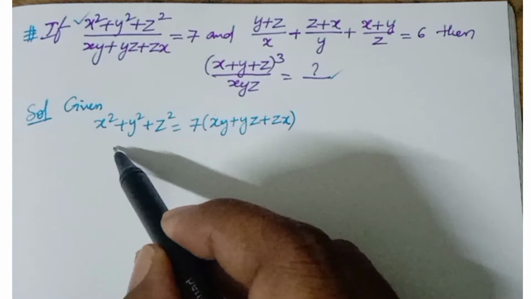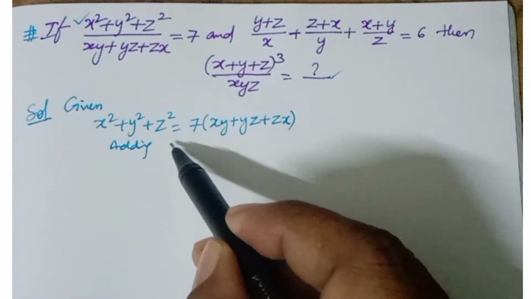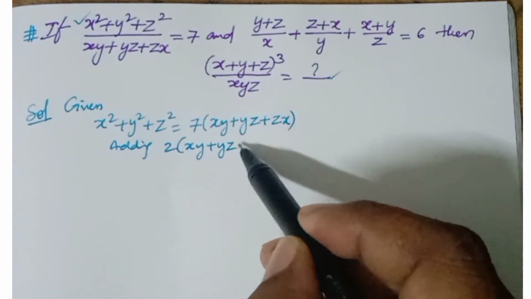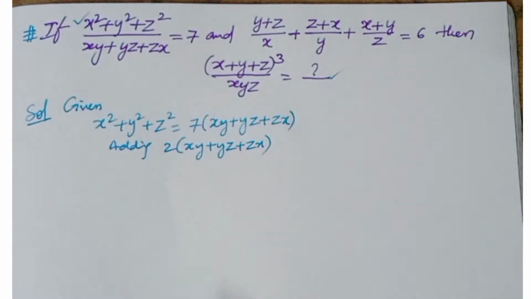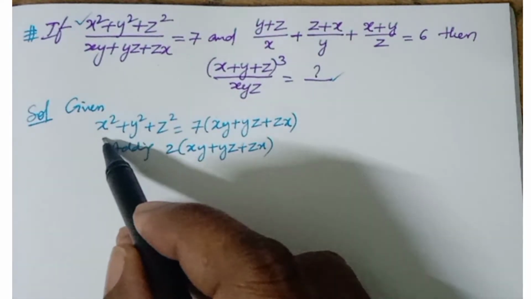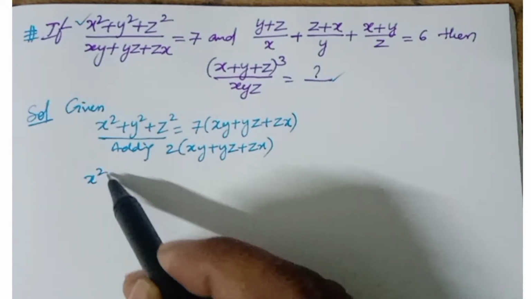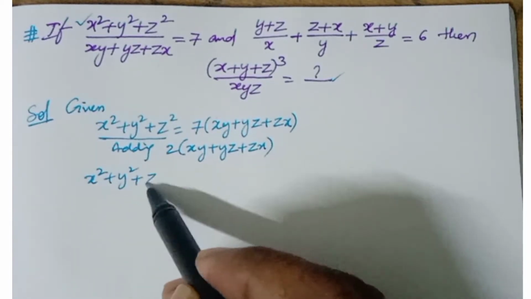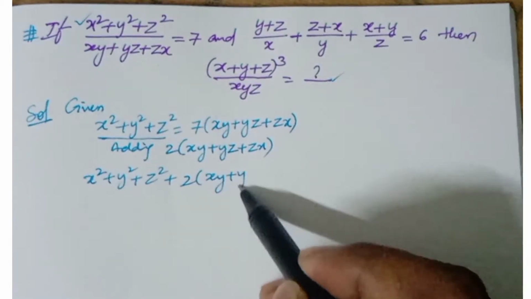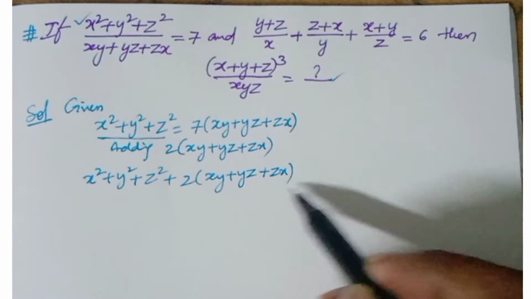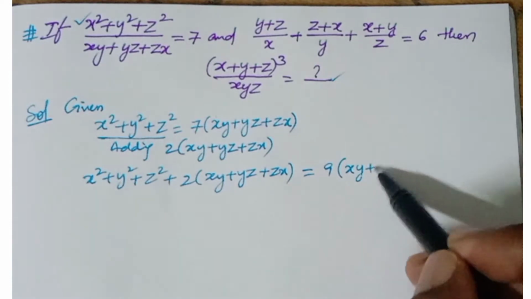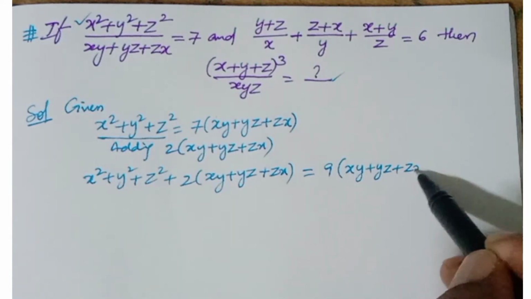So adding 2(xy + yz + zx) on both sides, the LHS x² + y² + z² + 2(xy + yz + zx) is equal to, RHS will become 9(xy + yz + zx).